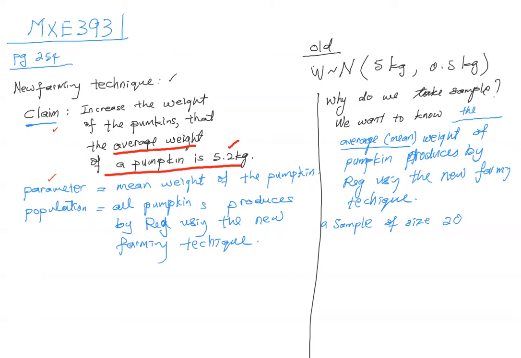The sample size uses the symbol n, so it's 20. Out of this 20, I find the weight, then I find the mean. So x̄ is called the sample mean. What is the sample size? 20, I put here.